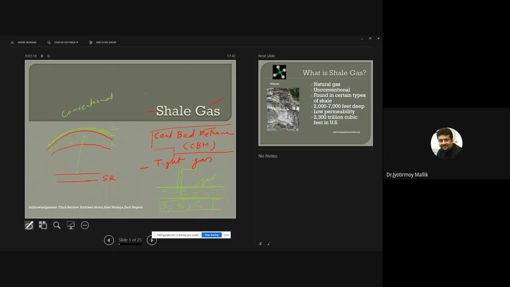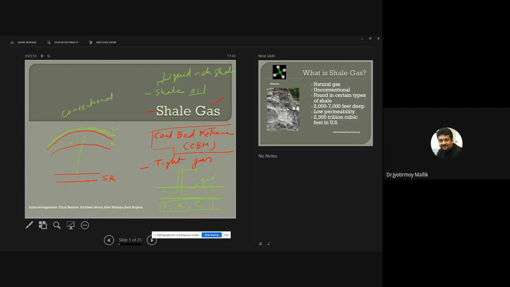There is also a term we call shale oil, which is the same thing. The other name is liquid rich shale, where in such an unconventional reservoir we find oil instead of gas. So for shale gas, shale oil, or liquid rich shale, the mechanism is the same.